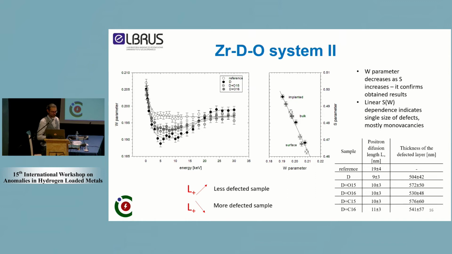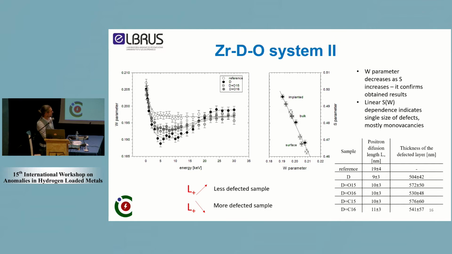Here we have the W parameter results. In the same way, but inverted, we have a very sharp decrease right at the beginning, right at the surface of the sample. So we have a lot of defects, and in this case we can assess there are vacancies.